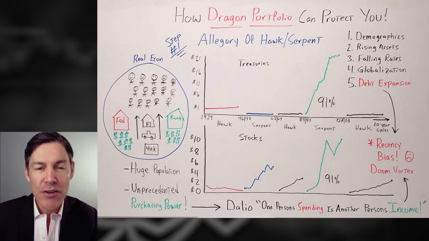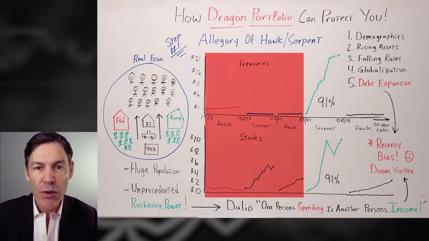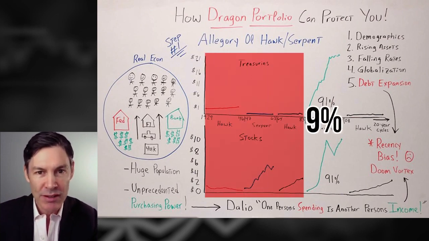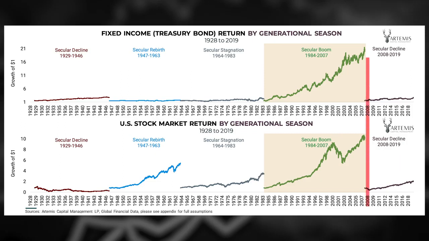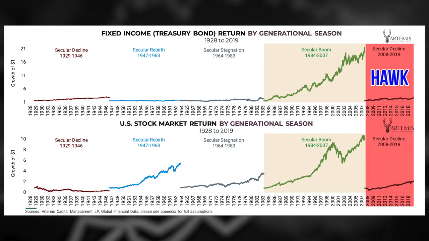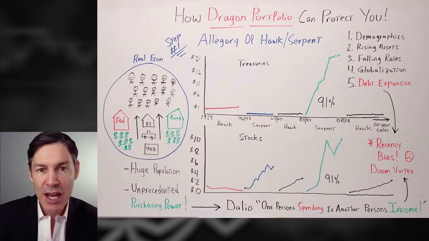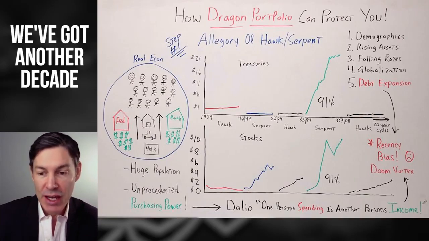That means in the other 70 years, there was only a 9% gain in that person's portfolio. Then starting in 2008, we go into the next hawk period. Treasuries haven't done much. Stocks have gone up substantially, but keep in mind, we're only 10 or 12 years into the cycle. We've got another decade to go.